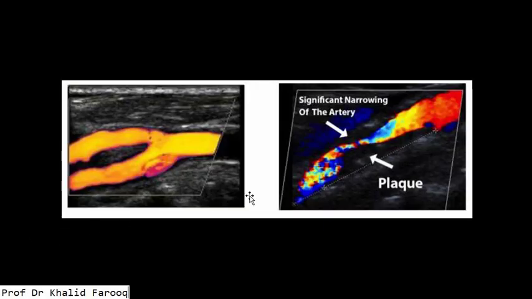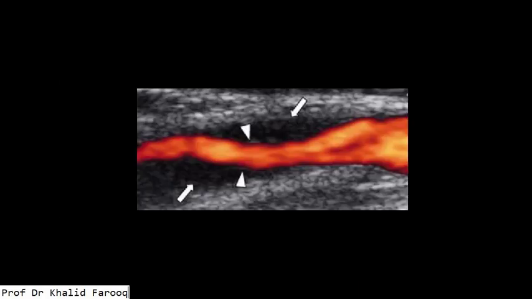Another example we can see: this is the common carotid artery, this is the internal and external carotid artery, and here we can see this is plaque. You can see a hypoechoic or black area which is causing narrowing of the vessel in this region. Here we have another example where there is plaque on both sides of the artery causing luminal narrowing.